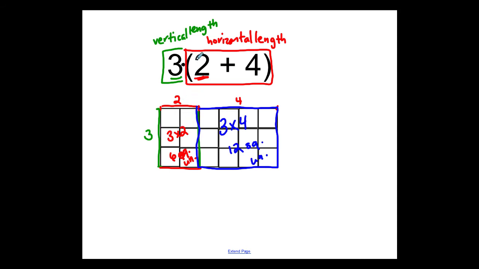So if you can see, the distributive property is taking addition right here and showing you how addition and multiplication can be combined. So we have the area of this rectangle right here is equal to 3 times 2 plus the area of this rectangle right here, which is 3 times 4.